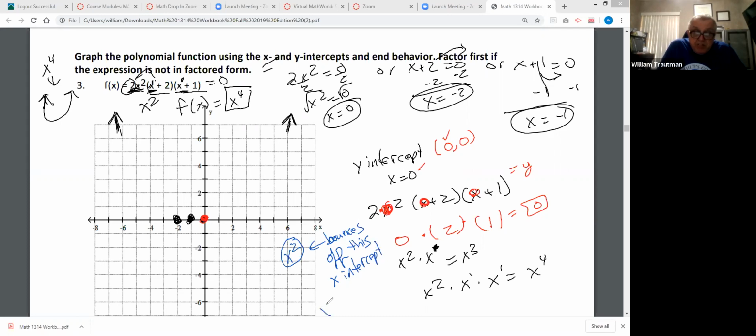If I just have an x to the 1 or to an odd power, then the graph goes through the X-intercept.